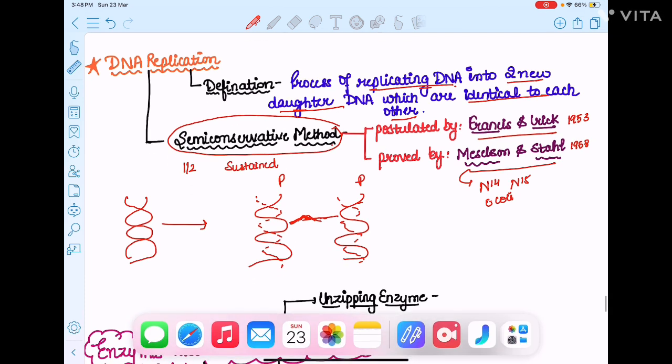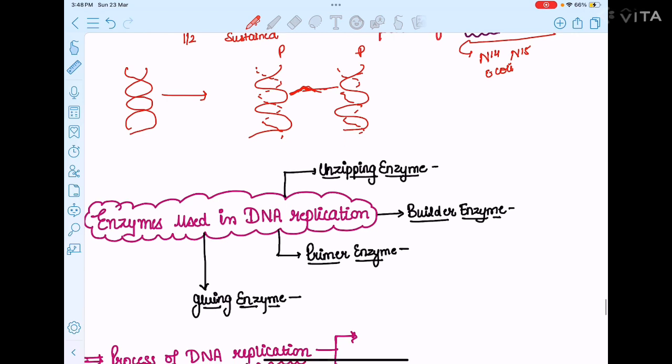Now this DNA replication involves 4 enzymes. I have given them 4 names according to their function. First, the unzipping enzyme, which is DNA helicase, that unzips or opens the DNA at the replication site. Then the builder enzyme, DNA polymerase, which makes the new daughter strand. Then the primer enzyme, RNA primase, which shows the way to the DNA polymerase.